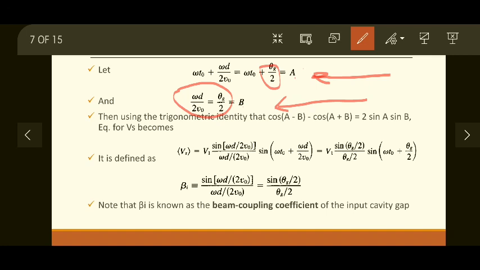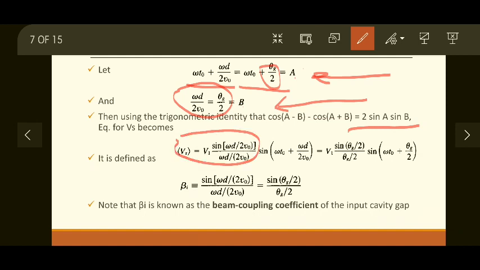Then, using the trigonometric identity, cos of A minus B minus cos of A plus B is 2 sin A sin B. So we get Vs is equal to V1 into, now what is sin A? Omega t0 plus theta g by 2, or omega t0 plus omega d upon 2 v0. That is what is written over here.